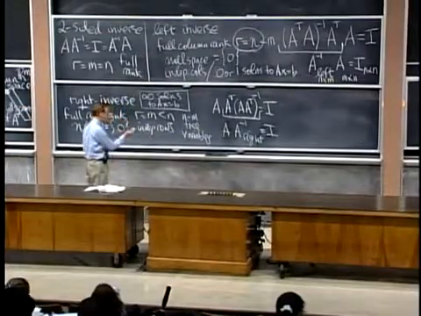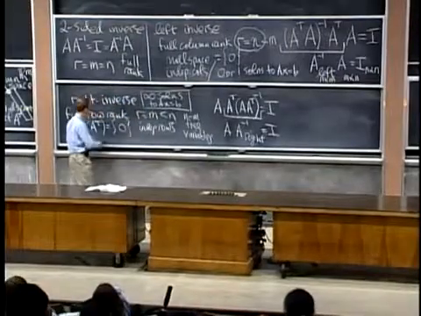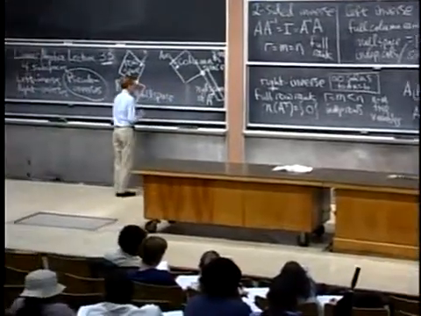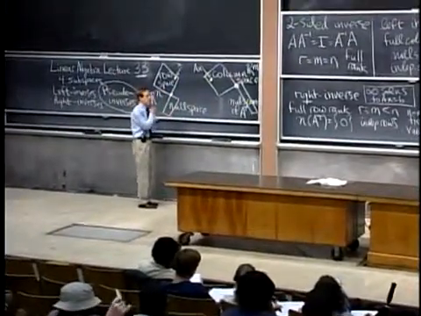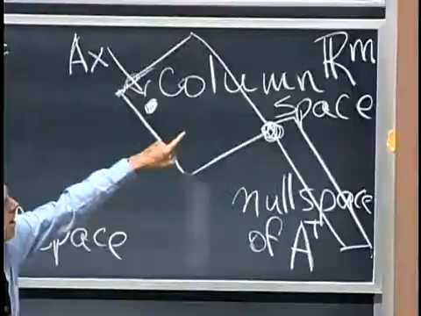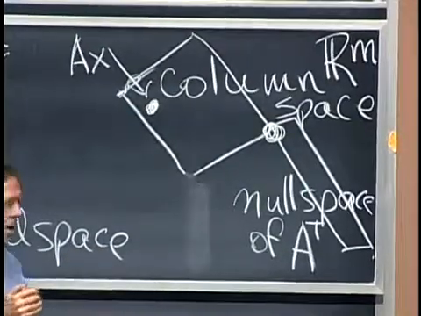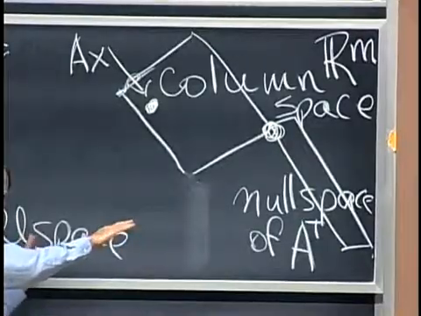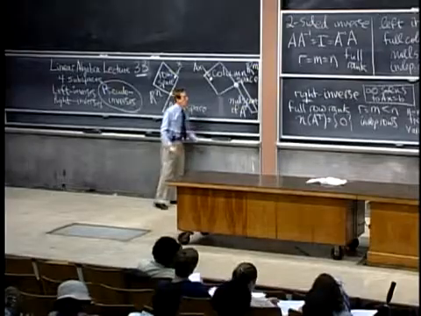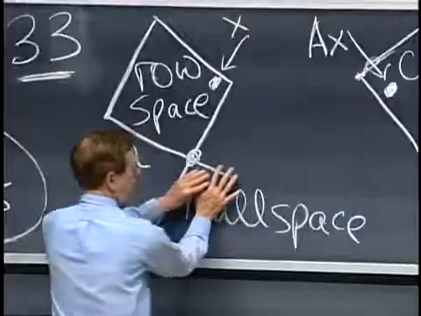Now, in terms of this picture, tell me what the null spaces are like so far for these three cases. What about case 1, where we had a two-sided inverse, full rank, everything great? The null spaces were just the zero vectors. Then I took case 2, this null space was gone.